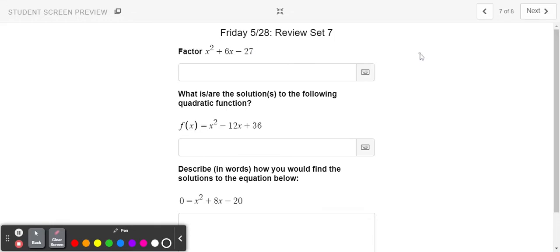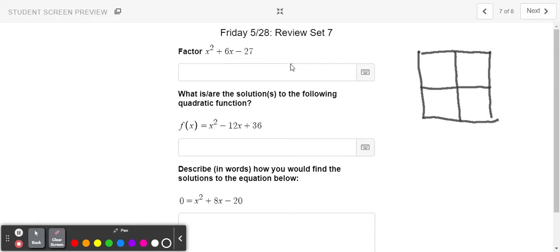The way we talked about factoring this year is to use the box method. Remember, with the box method, we are working inside out. So when we have the box, we are going to put the A term up here and the C term down here in the bottom right.